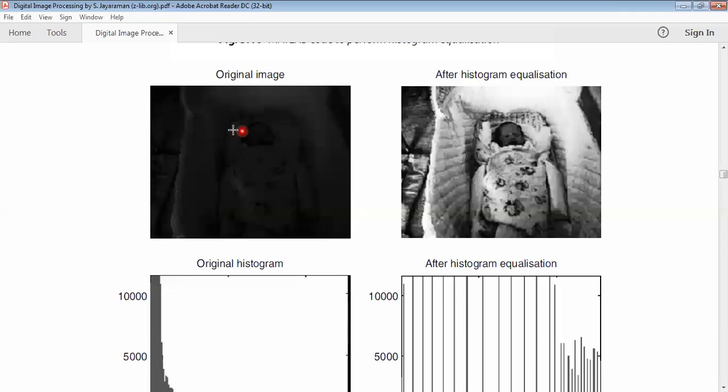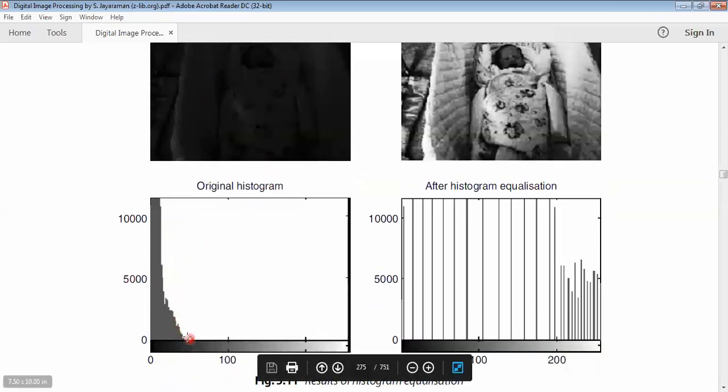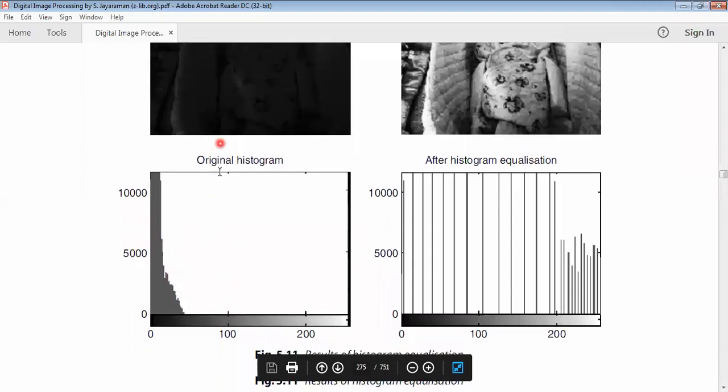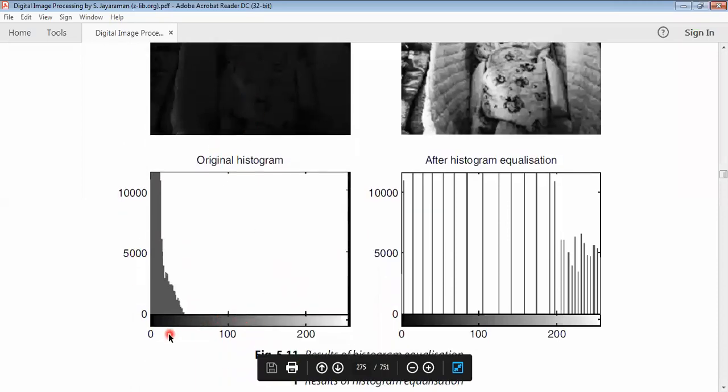So if you draw the histogram for this, see these levels, these gray levels, what are they? Low intensity values. So there is a lot of black color. The black pixels are in terms of 10,000, 5,000, like that. Concentrated here. Now there are some white pixels also, these are here, white pixels.